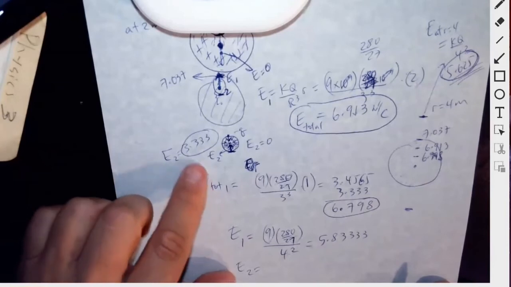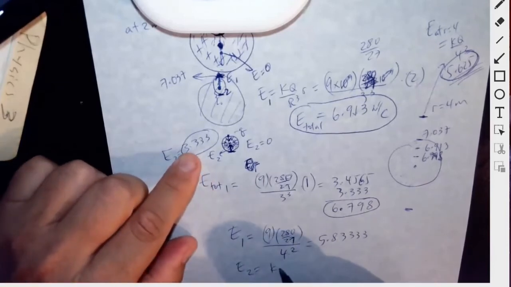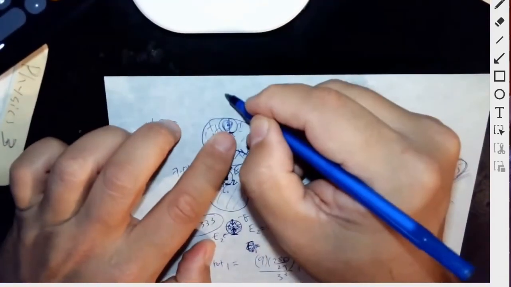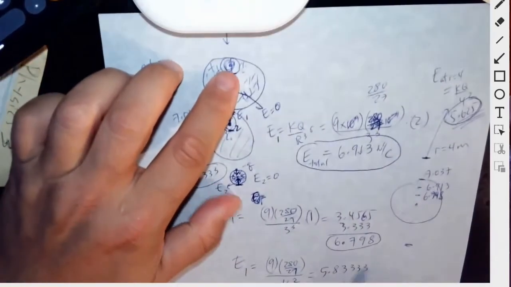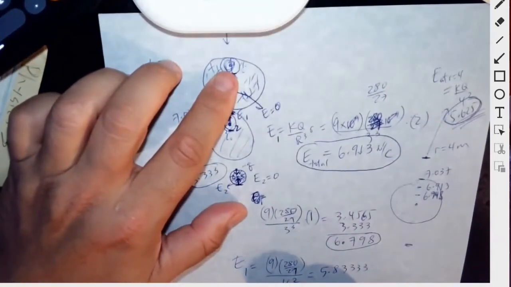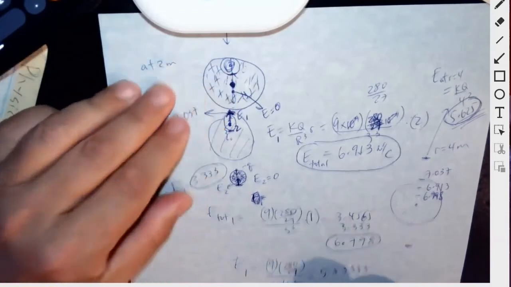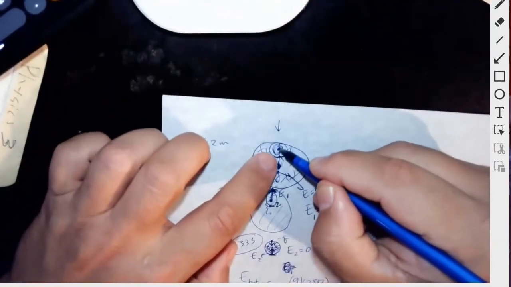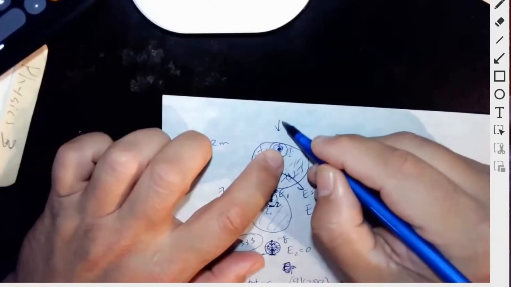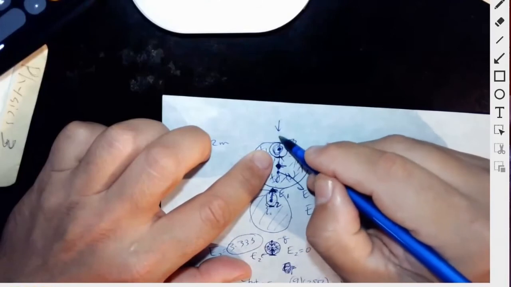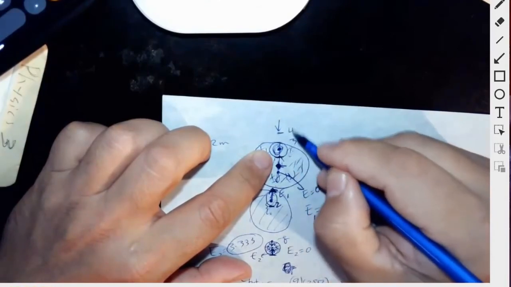Now how would you do the electric field of the negative charge? Then it'll be negative KQ over R squared, right? Because the negative charge would create an electric field towards it, right? Negative 9, what's the charge of it? 10 over 27ths. And what's the distance from the center of that to the 4 meter mark? So from here to here is 3 meters. From here to here is 1 more meter. So that's 4 meters.